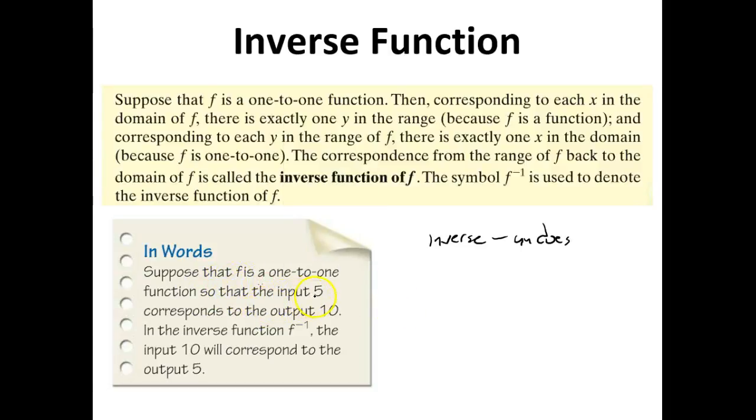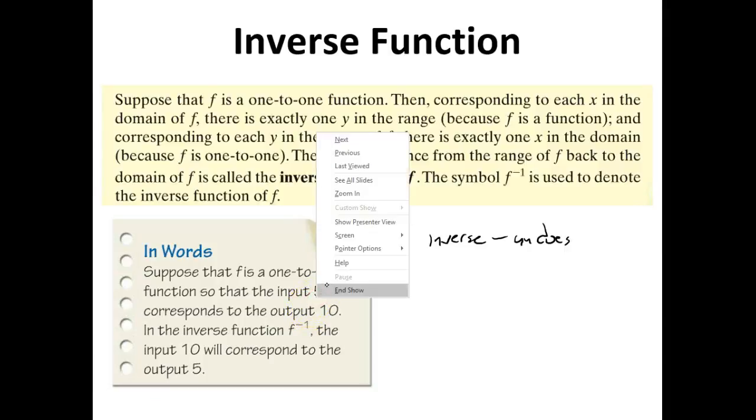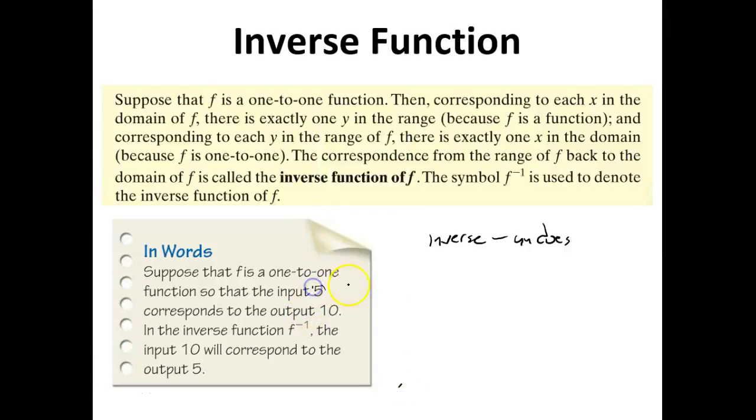So the input 5 corresponds to the output 10. If we put 5 in, we're going to get 10 out. This would be like you put 5 $1 bills into a machine and you get out 10 50-cent pieces.